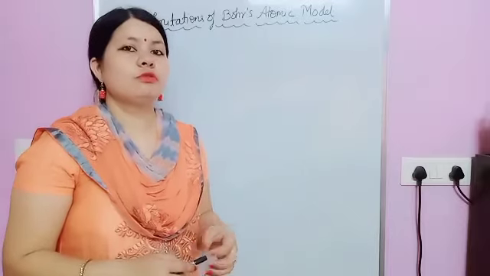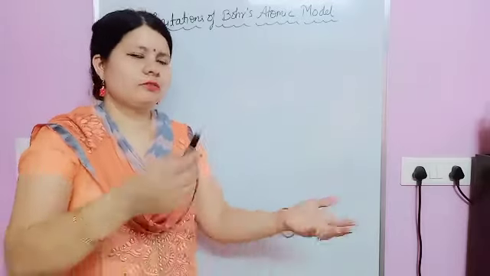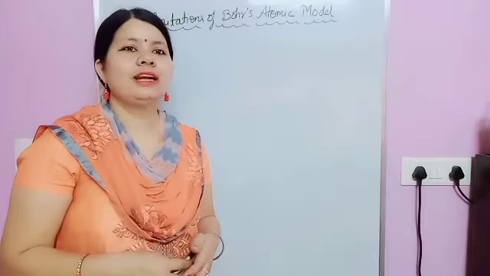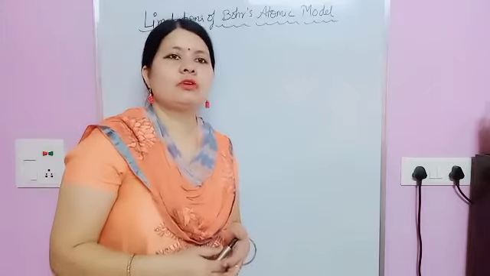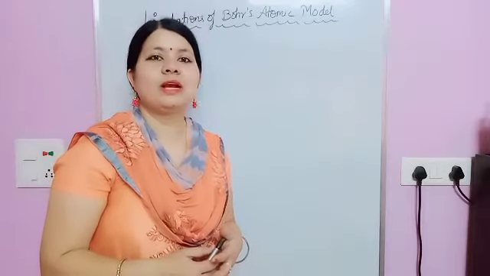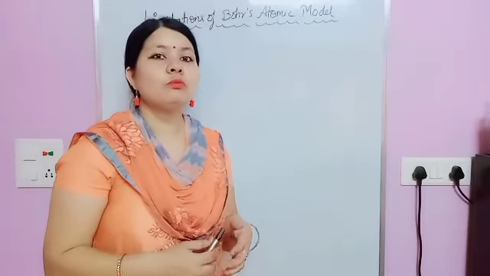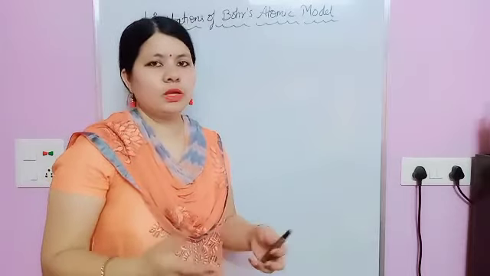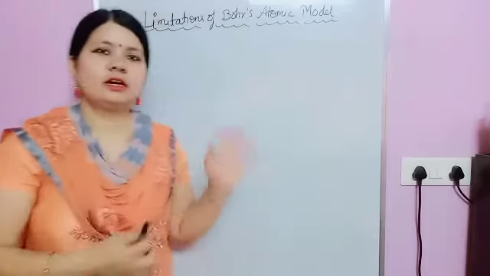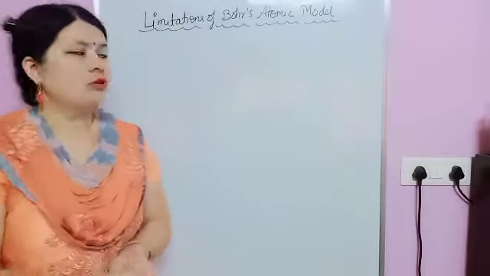But in the case of the dual nature of matter, which you will study later, the electron has both characters, particle as well as wave, and it will not move in a well-defined path. So this point also turned out to be wrong. All these are the limitations of the Bohr model of atom.